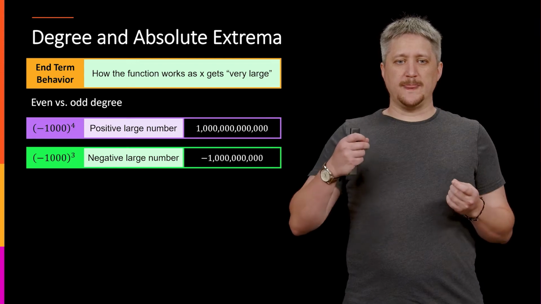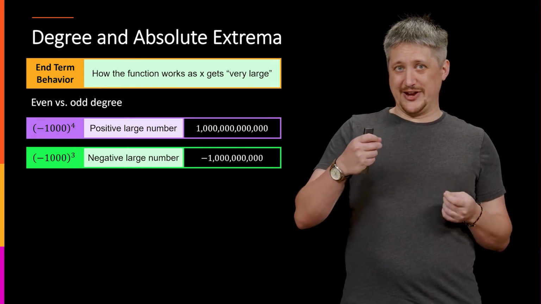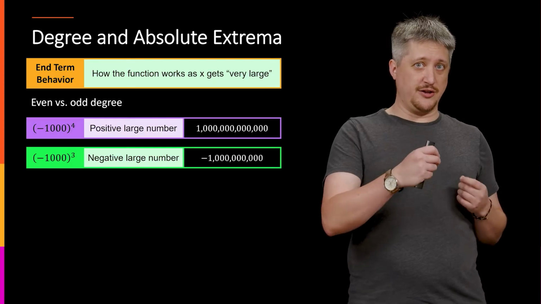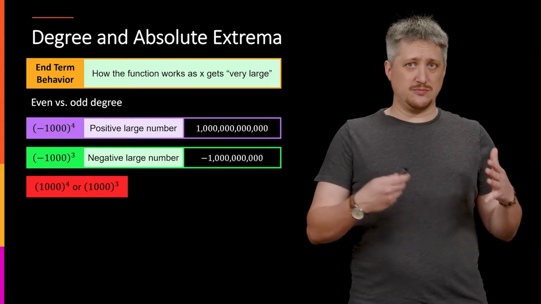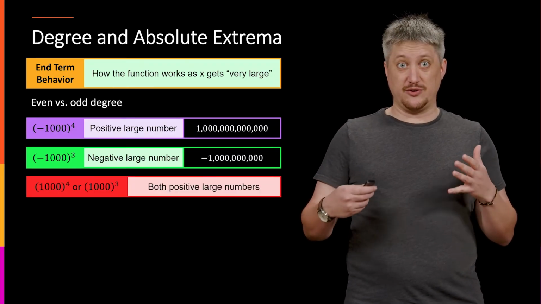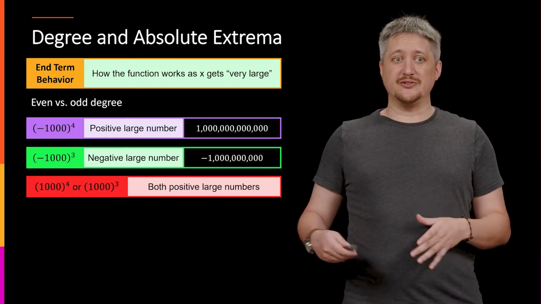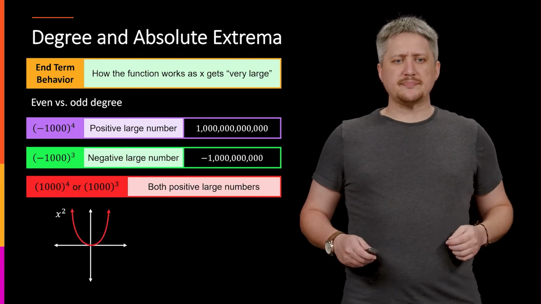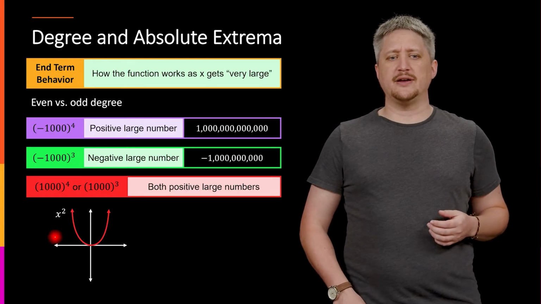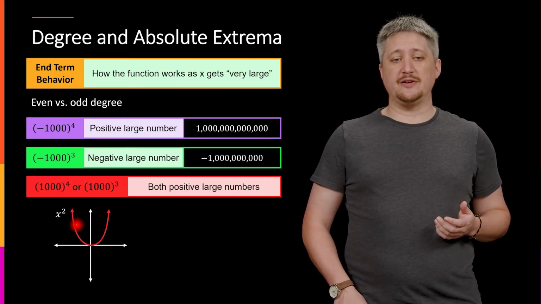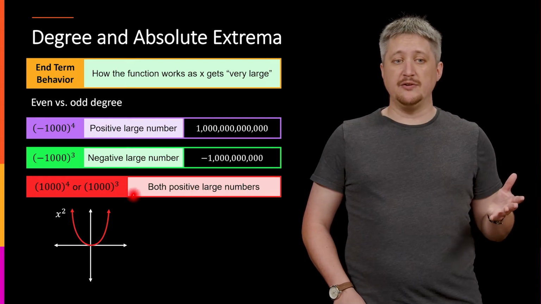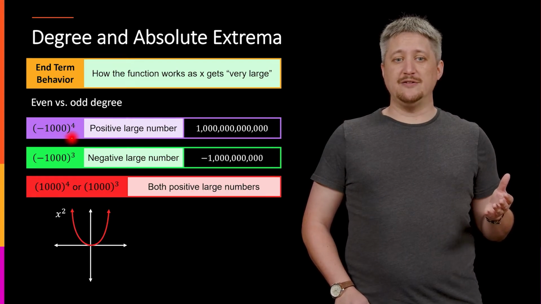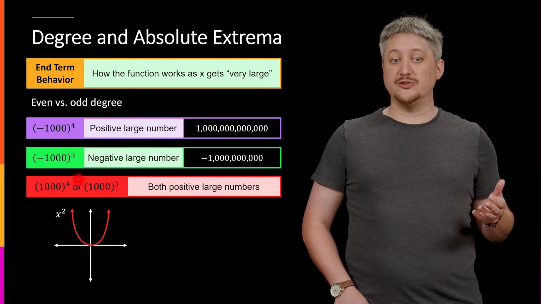Importantly though, whether it's positive or negative is a byproduct of the even-odd part. If we just took a positive number, no matter whether we raised it to an even or odd power, we get large positive numbers, but the negatives have different behavior. That's why we end up with something like a quadratic. An even power has this nice parabola shape where the ends are going in the same direction, because if we go very large and positive, it's positive, but if we go large and negative, that even power makes it a positive value, so it also goes up.